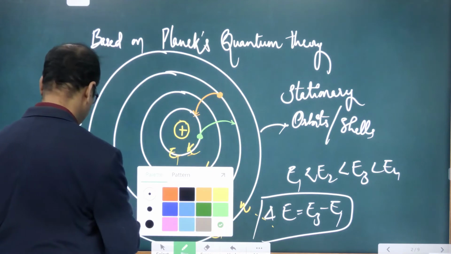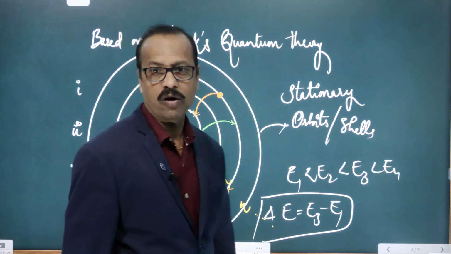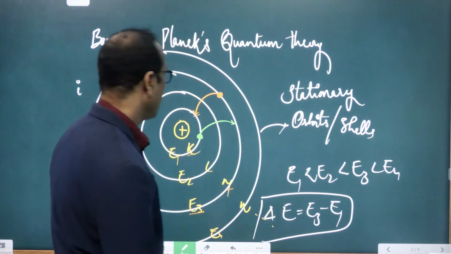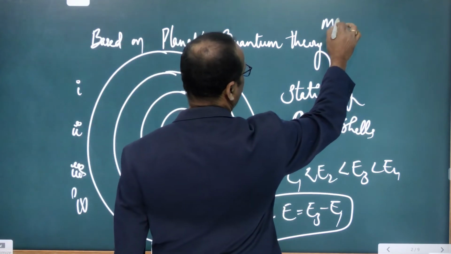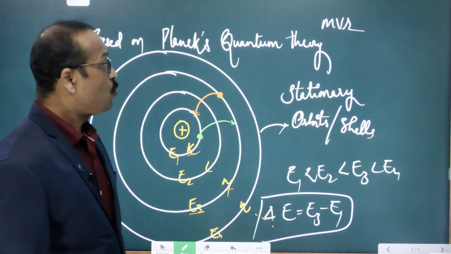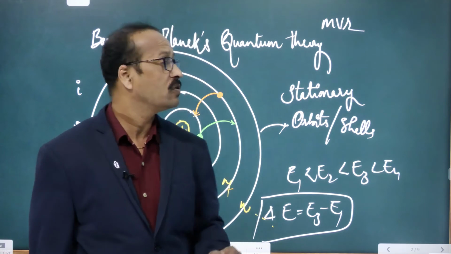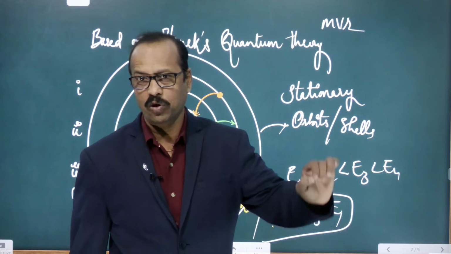Next, one more point. Next point he said is the angular momentum of an electron. Angular momentum of an electron is given by the formula mvr, where m is the mass of the electron, v is the velocity of the electron, and r is the radius of the circular orbit in which that electron is revolving.